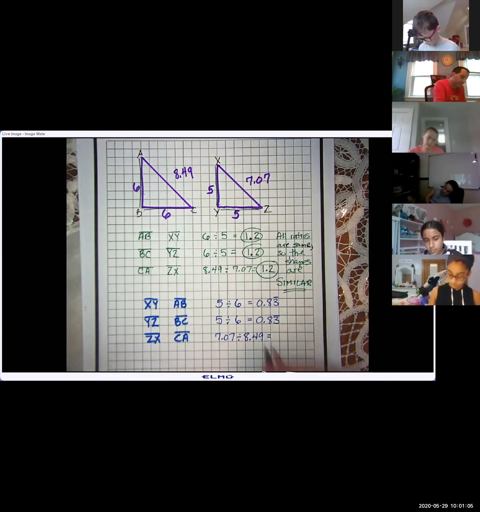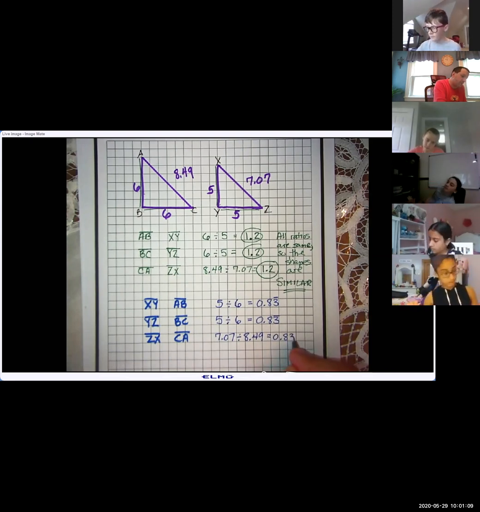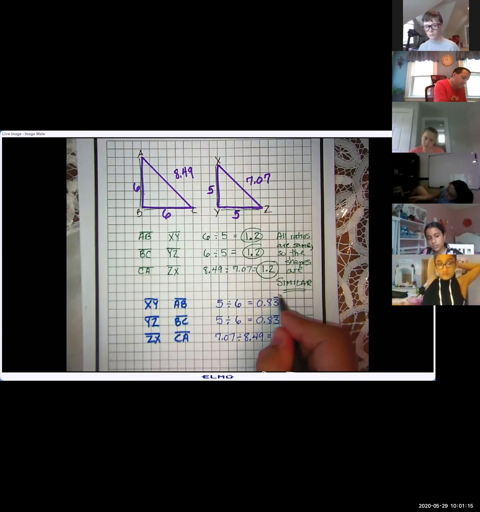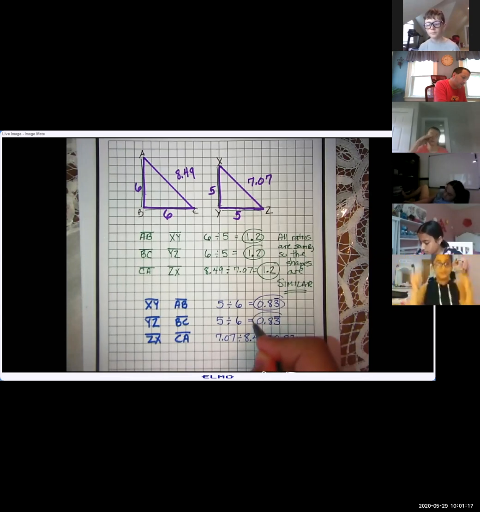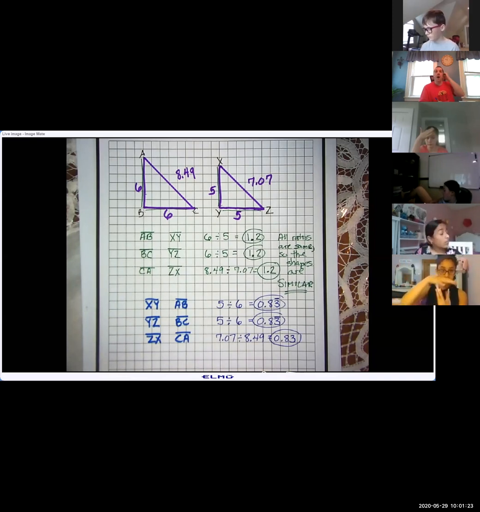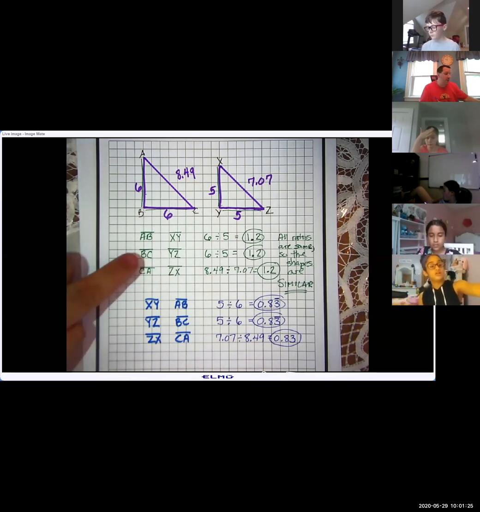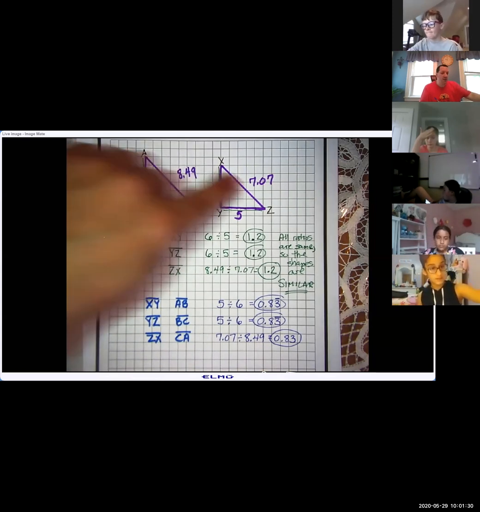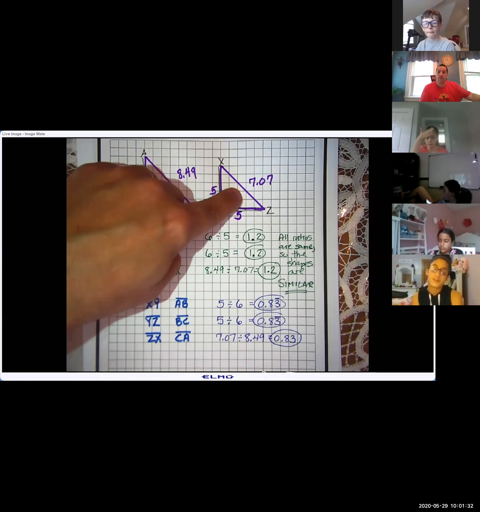0.83. But the main thing is you got that, right? What do you notice? They're all the same, just different numbers. Does it matter? No, because here what you're saying is this shape is similar to this shape, but it's bigger.